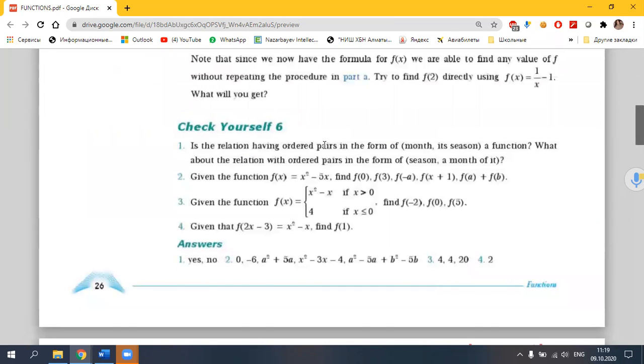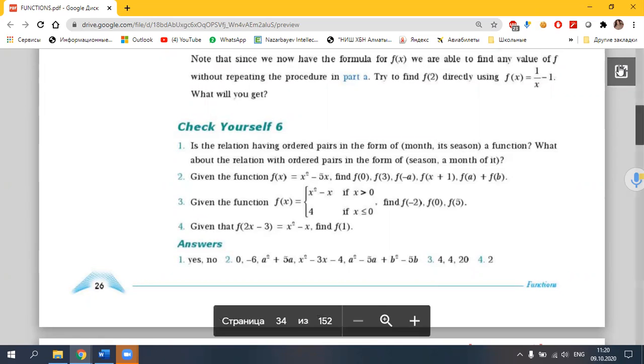Check yourselves. Бізге есеп берілген тағы да. Is the relation having ordered pairs in the form of months, its season, a function? Не деп сұрап тұр, осында маған қазақша кім түсіндіріп береді екен?